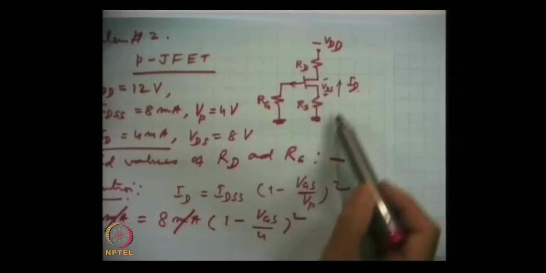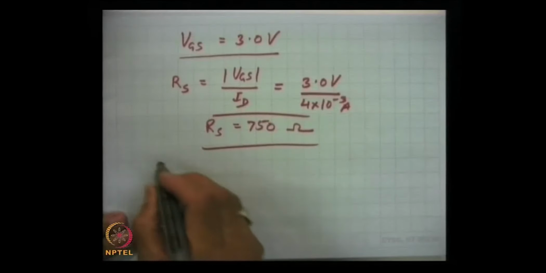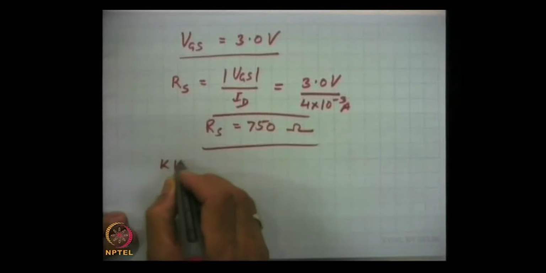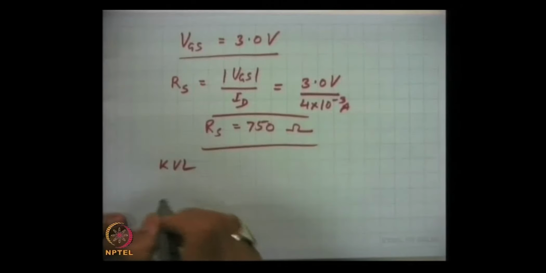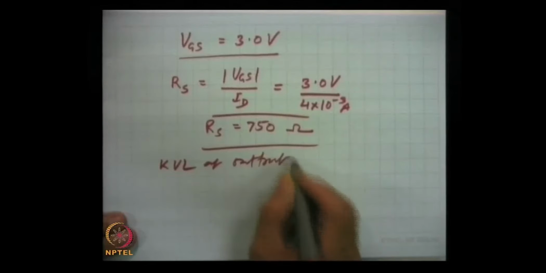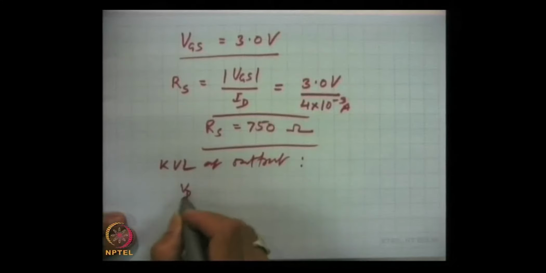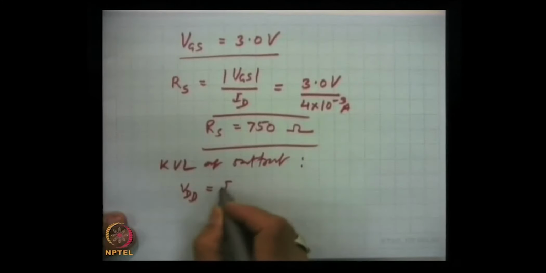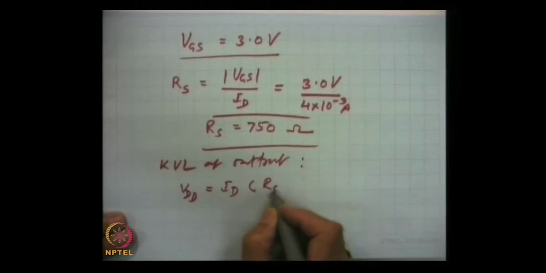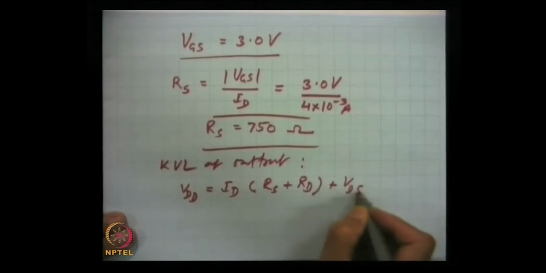Here we apply KVL, Kirchhoff's voltage law, at the output. We get VDD equal to ID into RS plus RD, plus VDS.